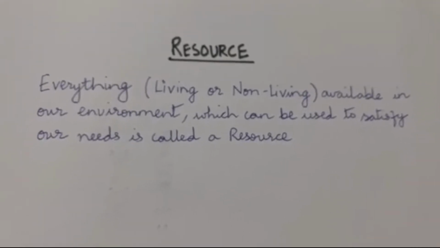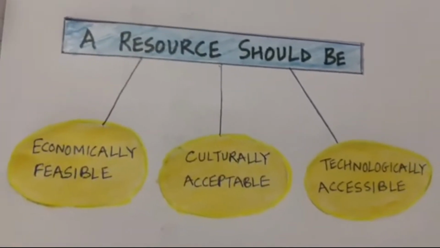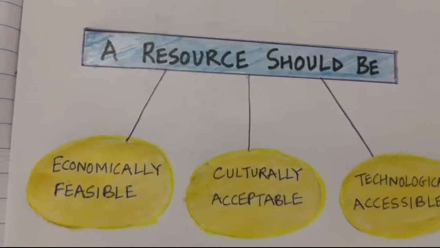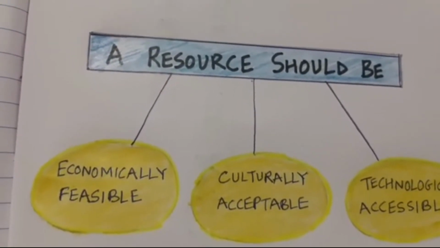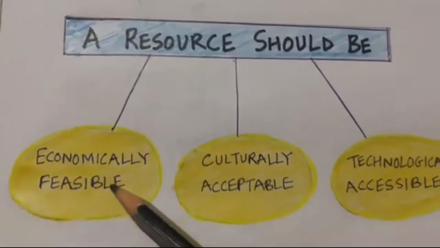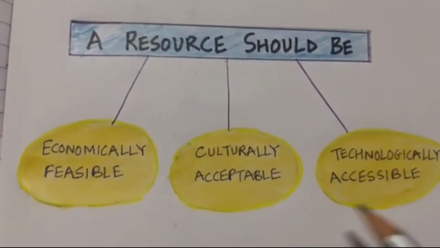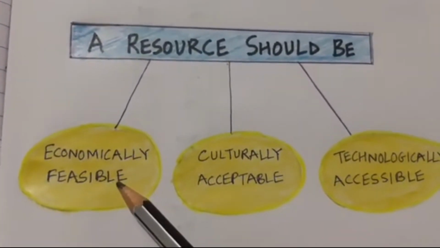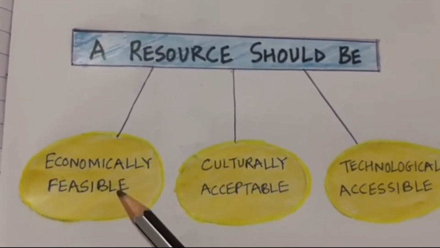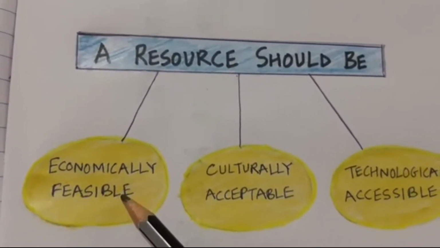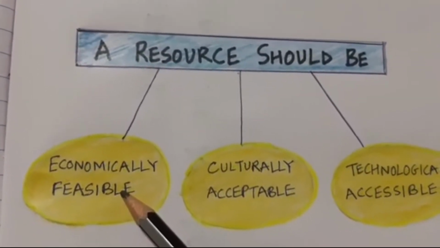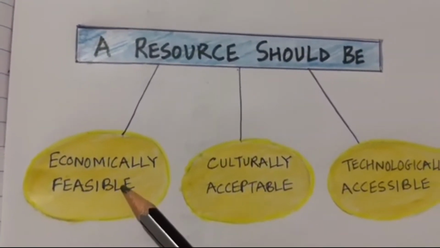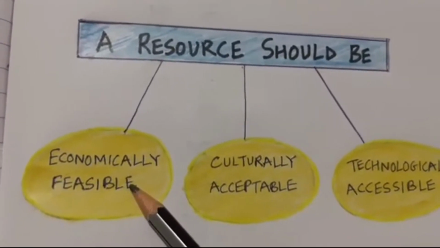Now, in order for a substance to become a resource, it is very important that it should satisfy these three conditions. You can see, the first, it should be economically feasible. Economically feasible here means that you should not put in too much money to make it a resource.